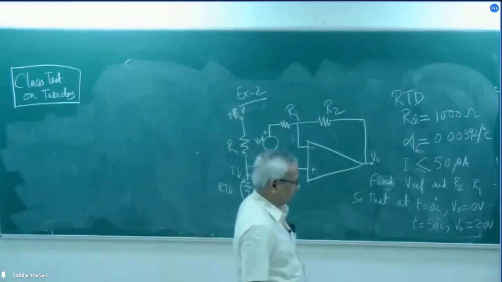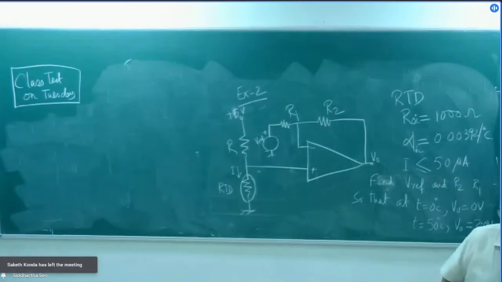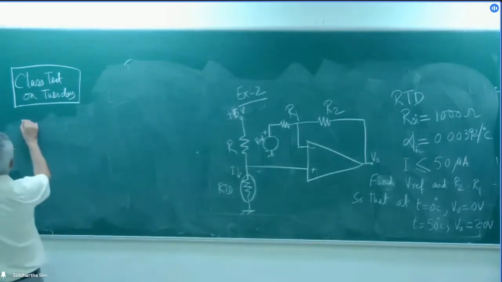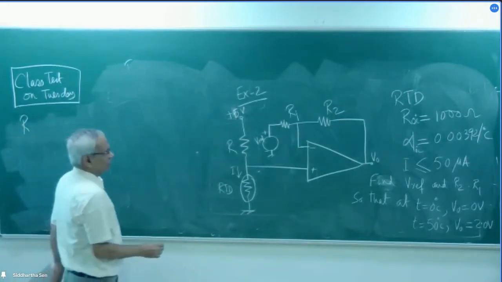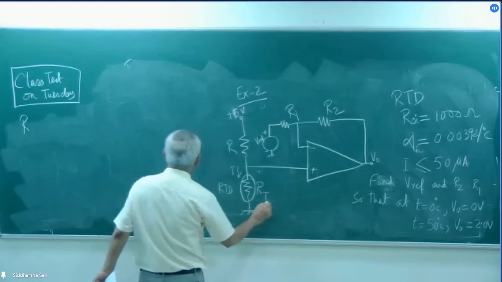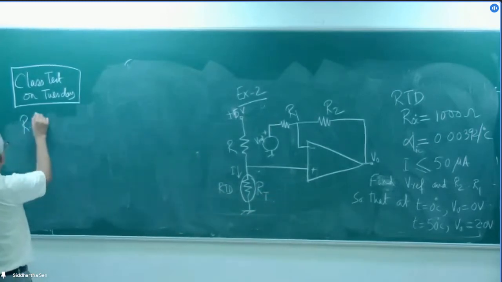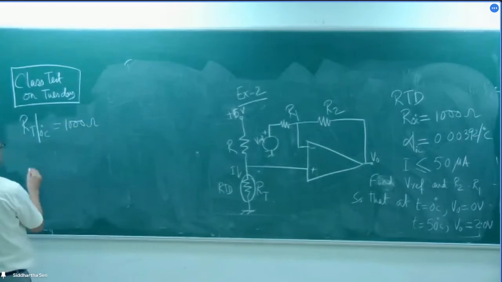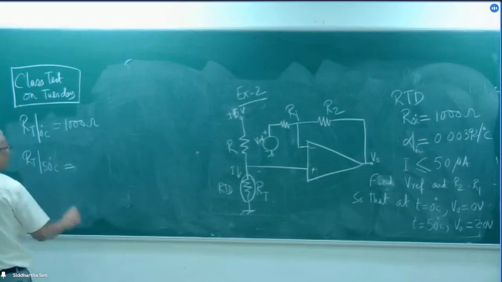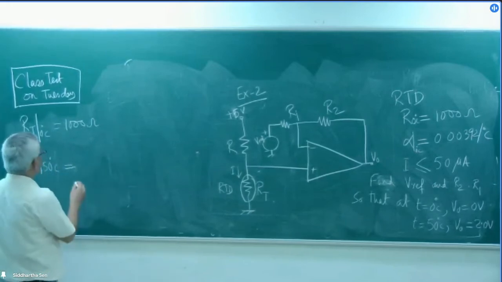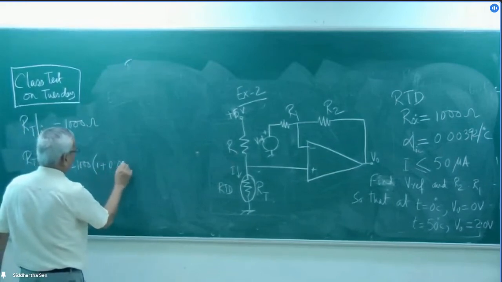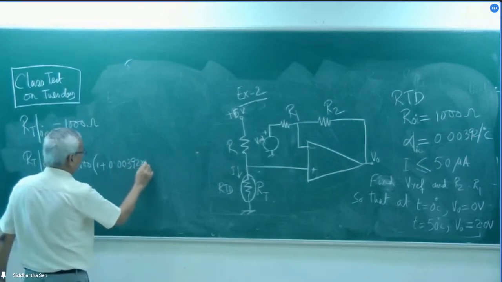So we can say that, in a similar way, R0 is an RT. RT at 0 degrees Celsius is 1000 ohm, and RT at 50 degrees Celsius, please check it, is 1000 into (1 plus 0.00392 into 50).